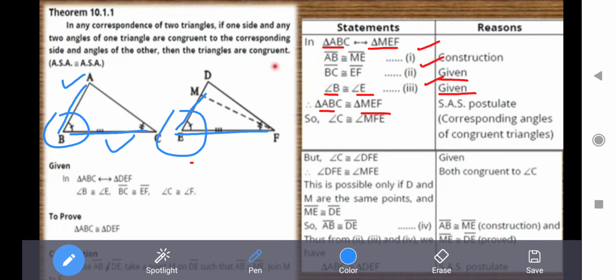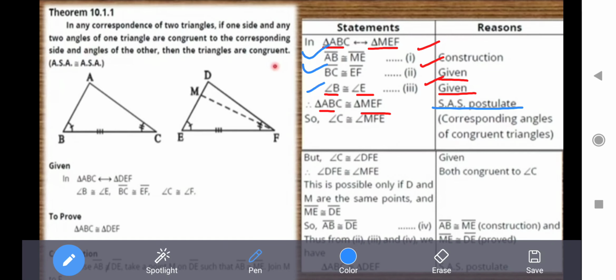Two sides and one angle of one triangle, and two sides and angle of another triangle are congruent. So we have shown this by the proof of the side angle side postulate. Why side angle side? Because two sides and one angle. You can also write it like side side angle postulate. Whichever you find easy, you can write it down. So triangle ABC is congruent to triangle MEF.